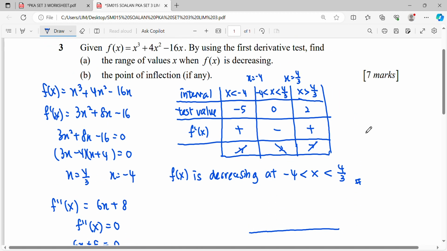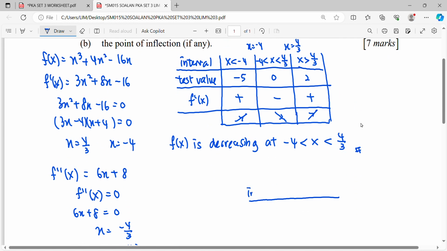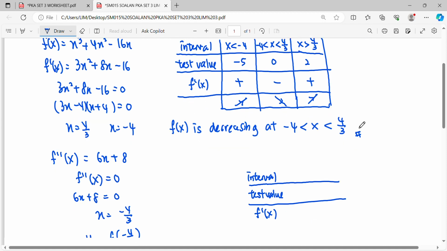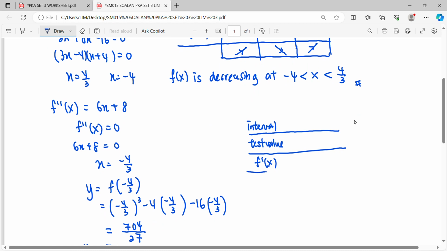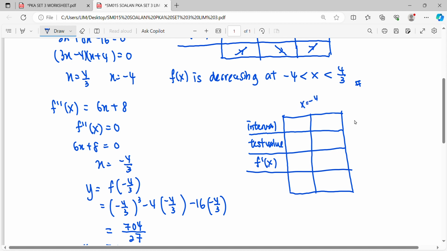So, alright. We find the intervals and the test values. Continue with the first derivative test to verify our inflection point. The x here is -4/3.